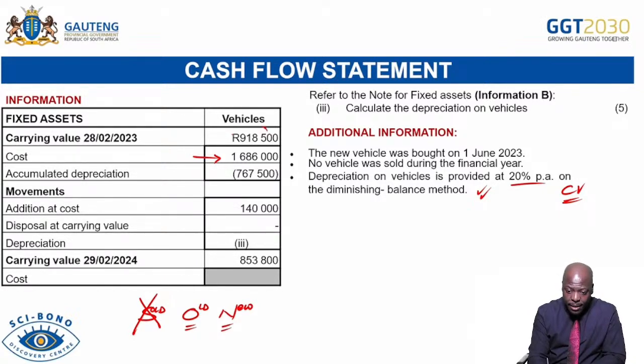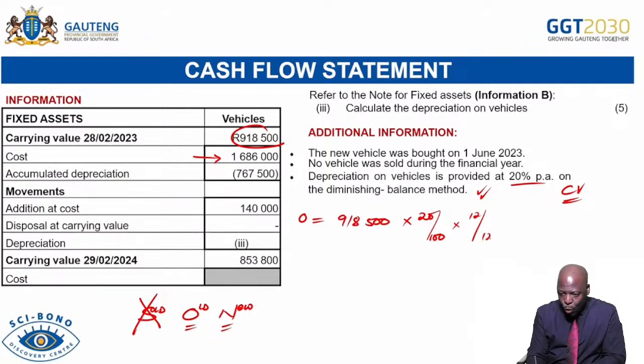But in this case, I already have my carrying value. So I'm calculating for the old. I'm going to say my carrying value, which is 918,500. I multiply that by the rate, which is 20%, and the old will be there for 12 months, because we did not sell it.